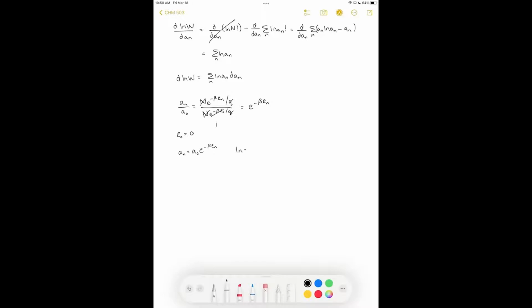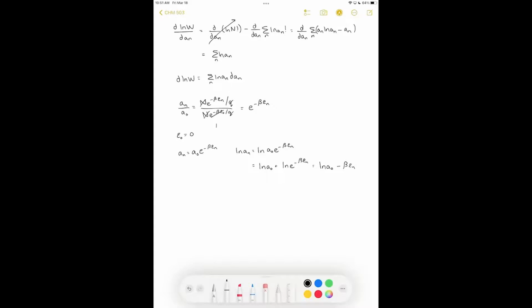So the natural log of a_n is then the natural log of a_0 e to the minus beta epsilon_n, and we can separate this with log properties to say that this is equal to the natural log of a_0 plus the natural log of e to the minus beta epsilon_n. And if we have the natural log of e raised to something, that's simply that something. So this becomes the natural log of a_0 minus beta epsilon_n.